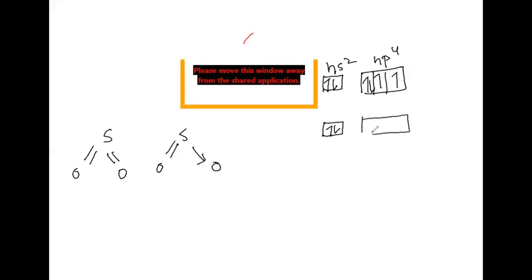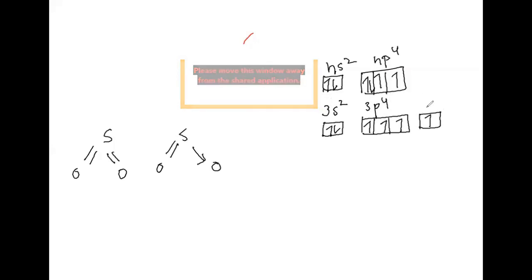One of the electrons will move to the d orbital. This I'll take as 3s2 and here it is 3p4. One is shifted, then I can take 3p3 and 3d1 in the excited state. We know that these two electrons will be there as usual on the sulfur.